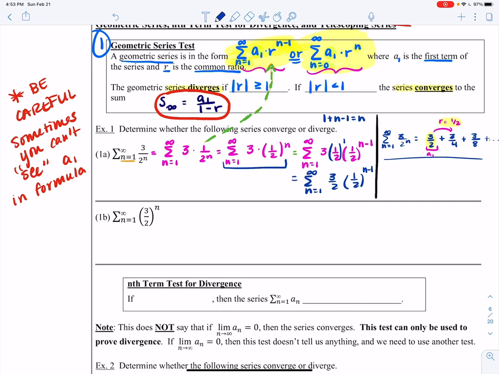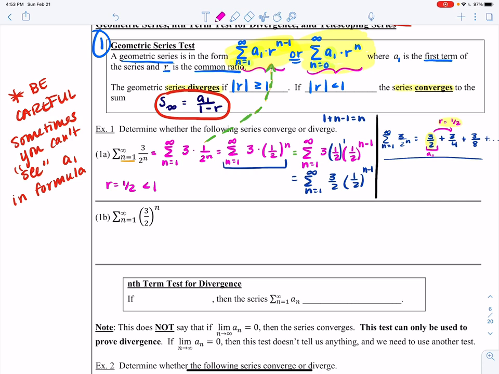So I've got this now written in its form like I wrote it up in the top box. Let's actually make a conclusion. It becomes easy to see that the common ratio is 1/2. You need to tell me that the common ratio is less than 1.